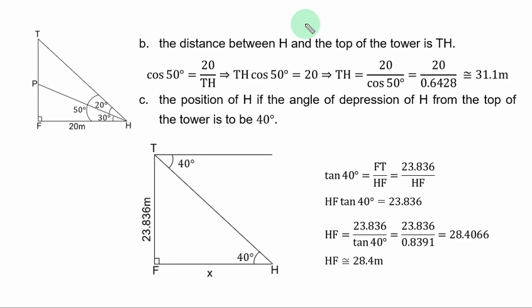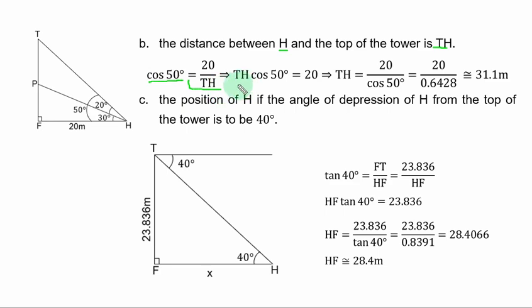B part of the question, the distance between H and the top of the tower. That distance is TH. So we have this part. If we are considering this angle, here is hypotenuse, here is adjacent. So we have cos 50 degrees equal to adjacent over hypotenuse.